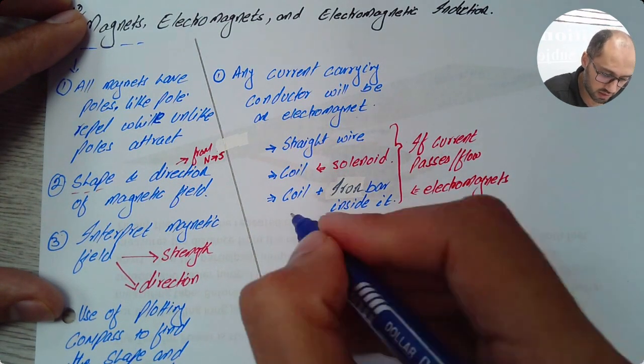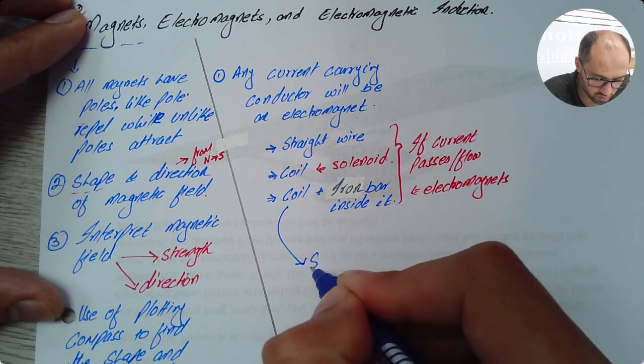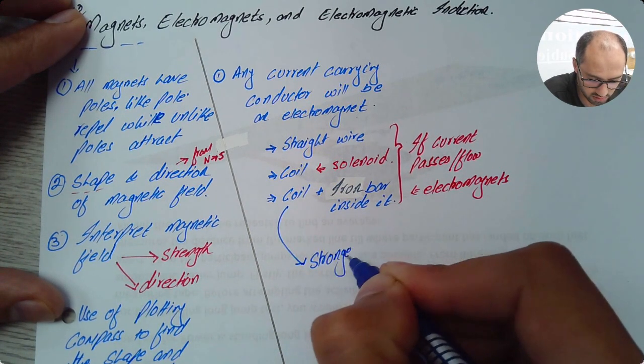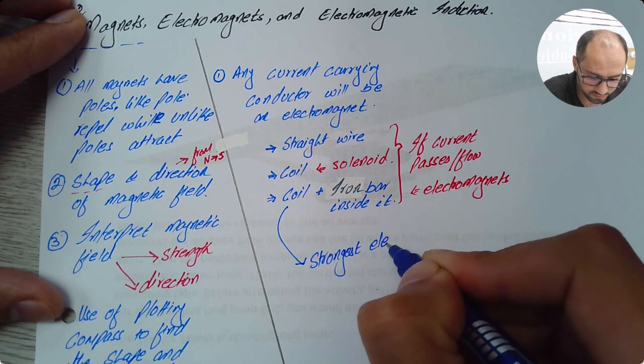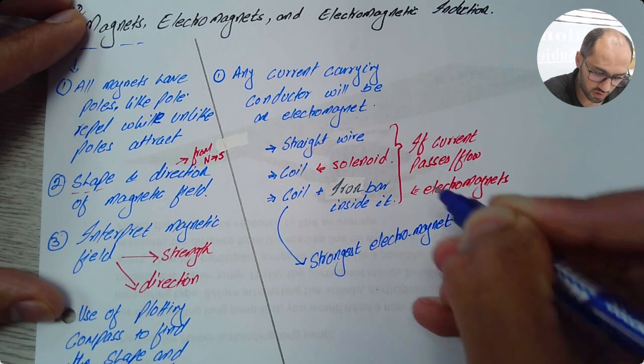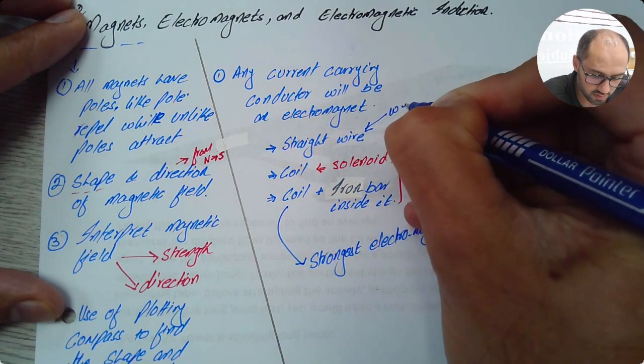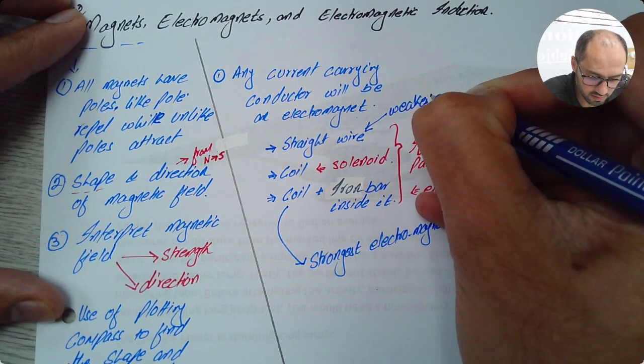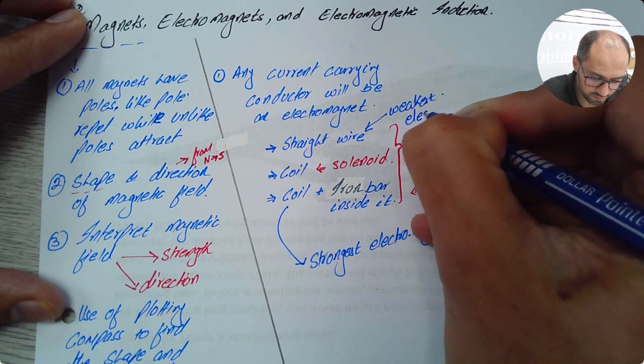Out of these, this one will be the strongest electromagnet, and this one will be the weakest electromagnet.